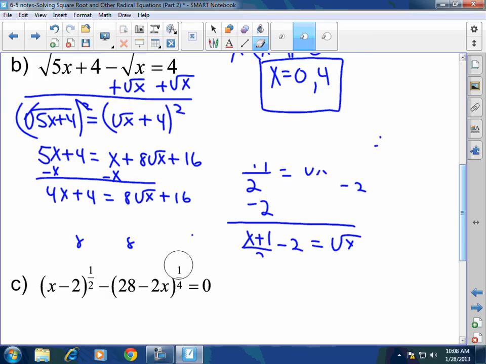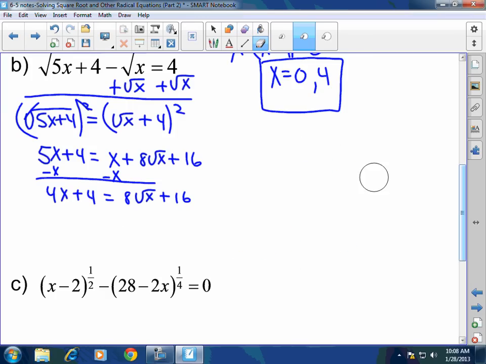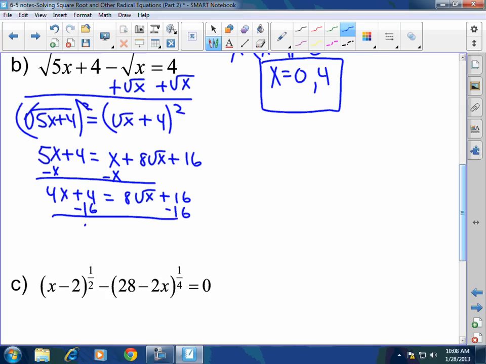Let's make life easier. Once we're at this stage right here, let's go ahead and subtract the 16. But let's leave that 8x attached, because if not, as you saw, we're going to have nasty fractions, and that's just a mission. So let's go ahead now and square both sides.